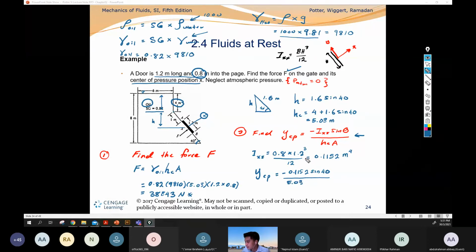And the area, what's the area? 1.2 times 0.8 is 0.96. Okay, so what's the value here?